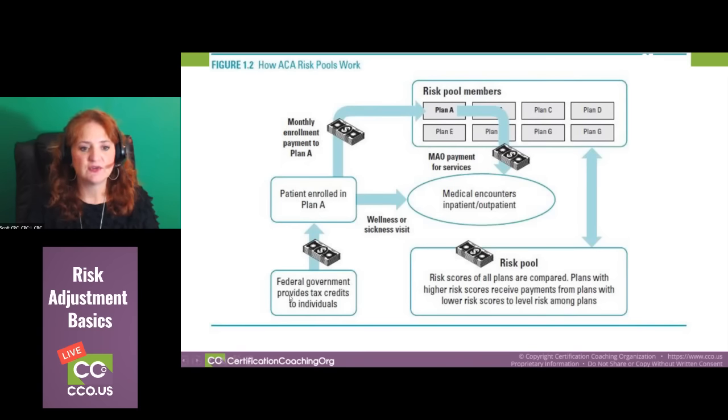You have the federal government taking the tax money. They've got a patient enrolled in Part A. They go and have their wellness visits and everything, and so that is the encounters for the patient. But they also pay a monthly fee in to have those done. But the risk pool, the risk scores are all plans that are compared together.